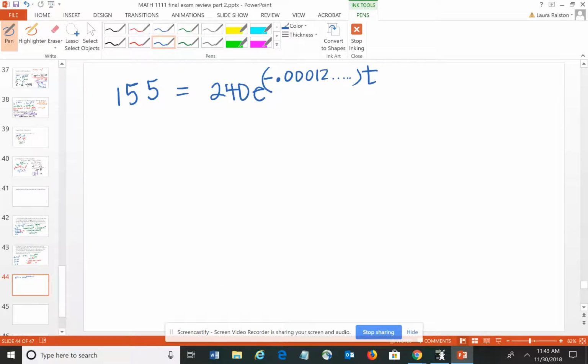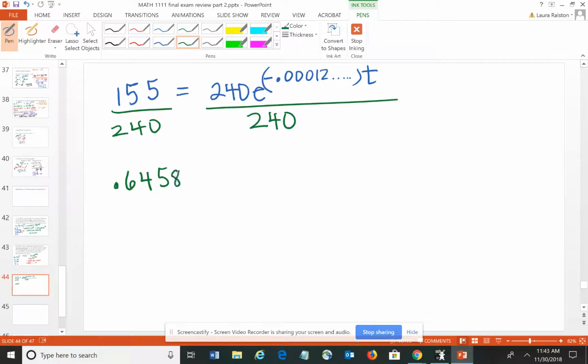So we set about solving this equation for T. I'm going to divide both sides by 240. So we have 155 divided by 240, which gives us 0.64583 repeating, equals E to the negative 0.00012 times T.